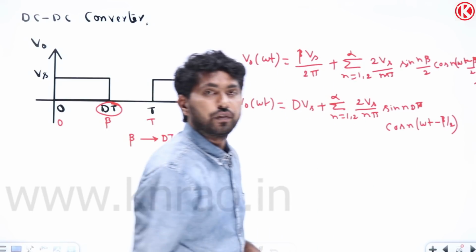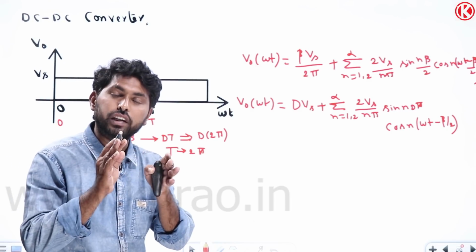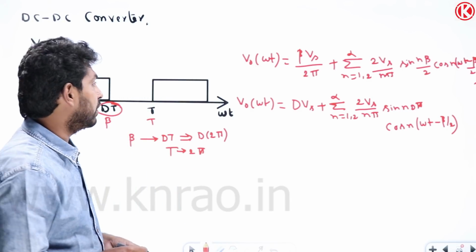So this is the output voltage expression for the DC to DC converter. Now we have got the output voltage expression for the DC to DC converter also.